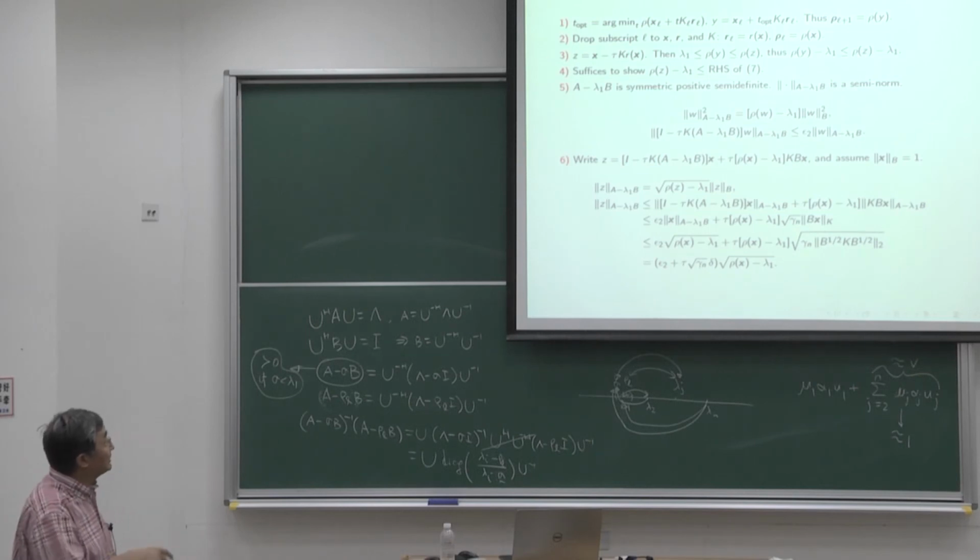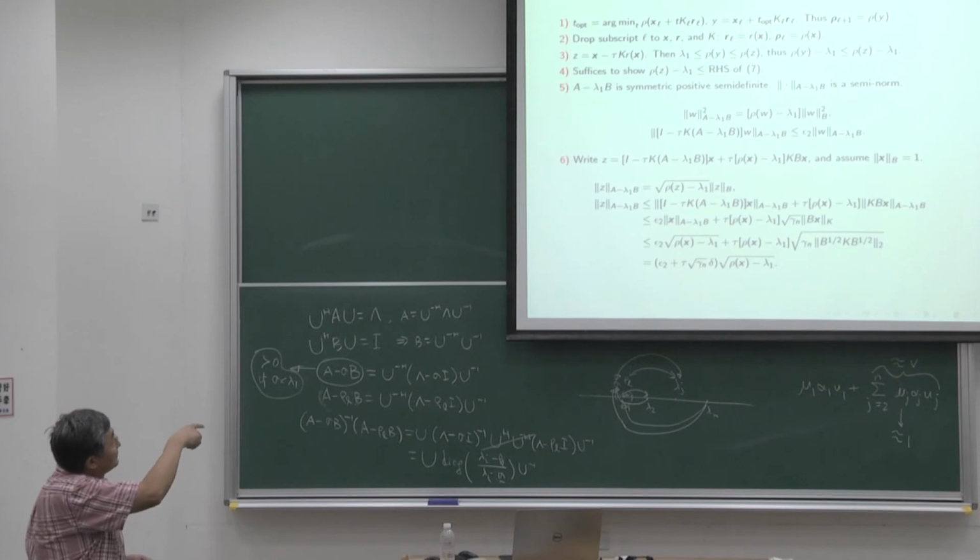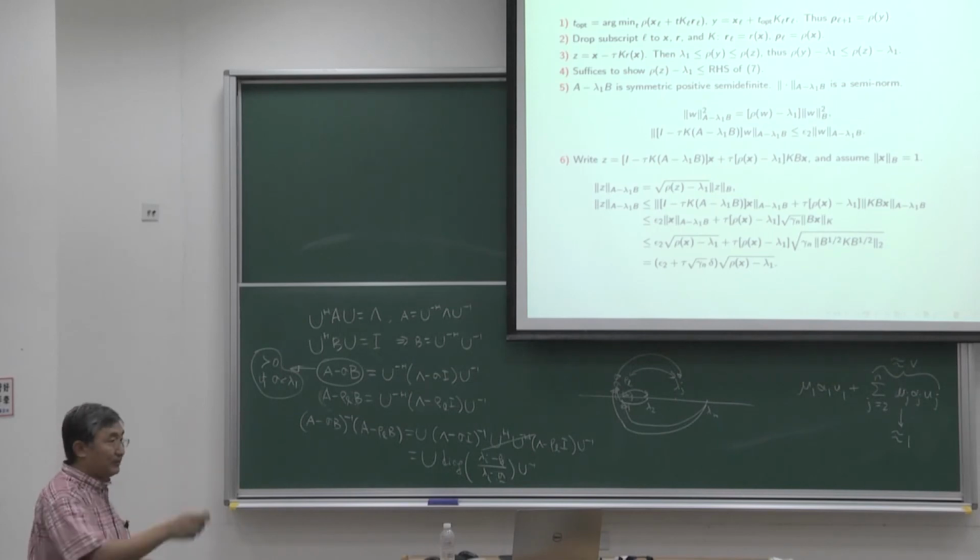If B is not identity, as here, the proof is simply a modification of what Samokish did for B is identity. And the key part, as I mentioned, is the so-called semi-norm. And this equation, you might not appreciate at this point, but as you look at this proof more carefully, you would appreciate this equation very much.